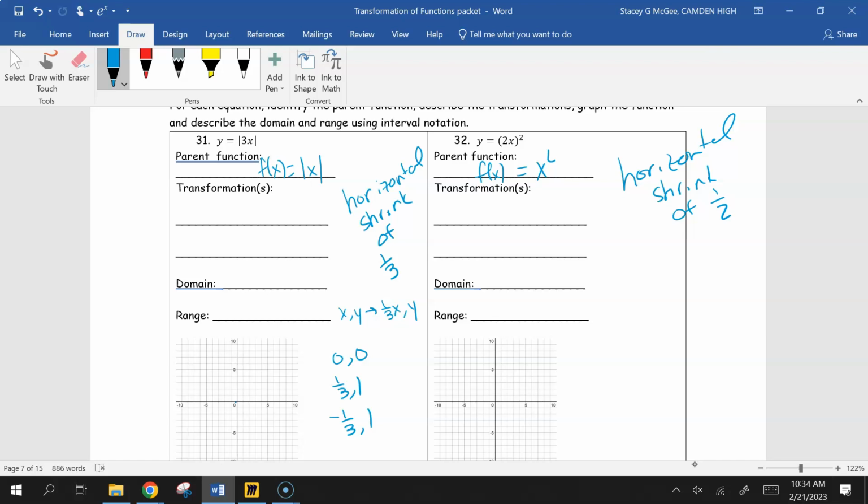So all of my points are going to become 1/2 x, but the y is going to stay the same. So 0, 0, 1/2, 1, and negative 1/2, 1.